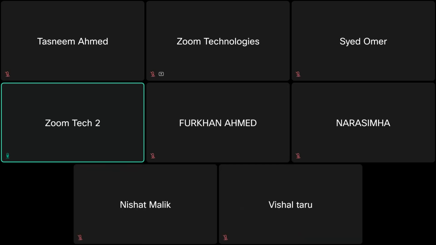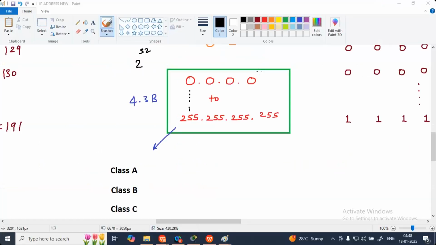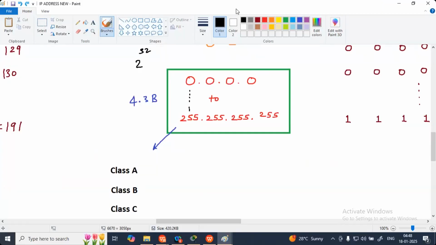But actually we have to calculate the range in decimal, because we have the decimal form here, 0 to 255. So we have to calculate this range for decimal values. First the calculation for class A, because we know the total range is 0 to 255.